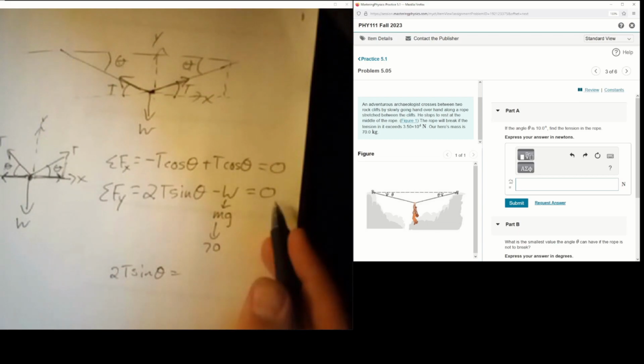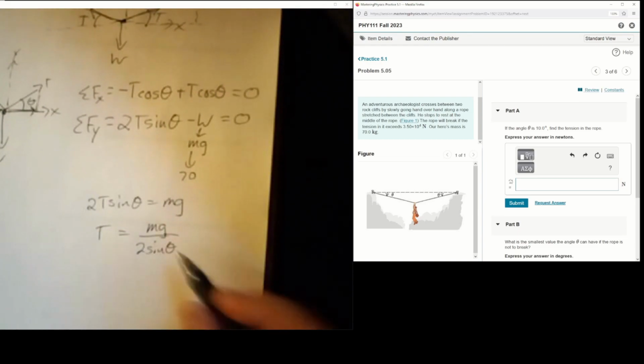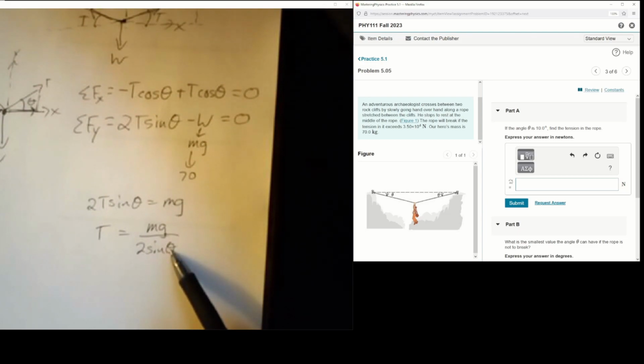I'm going to move the weight to the right side. Weight, remember, is mg. And we're solving for tension. So tension will equal mg divided by 2 sine. They're telling us the mass is 70, g is 9.8, and they're also telling us the angle is 10 degrees.